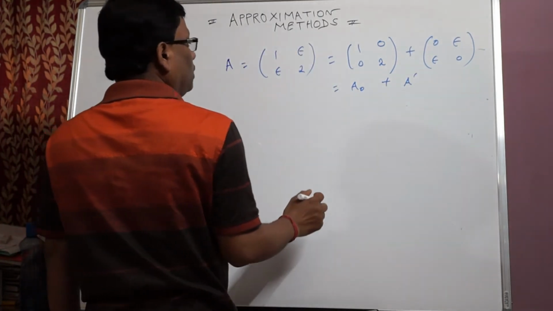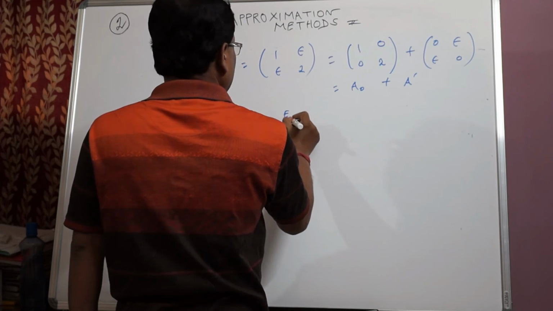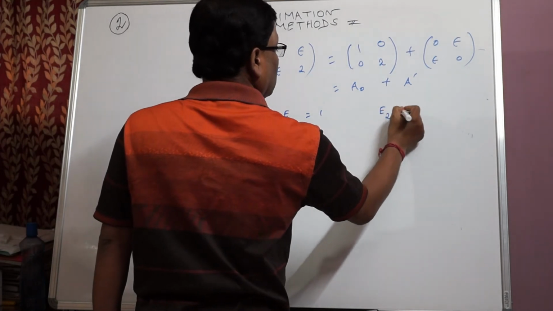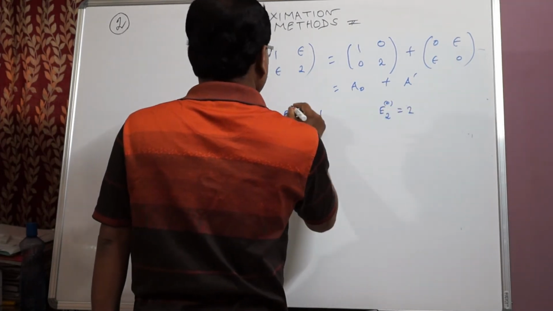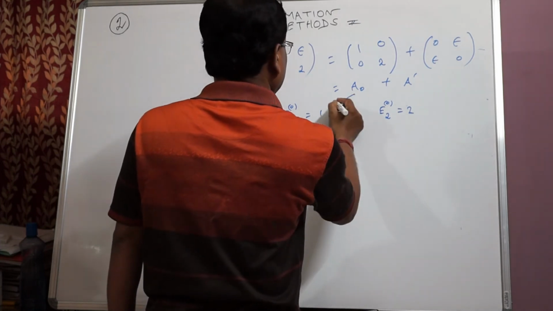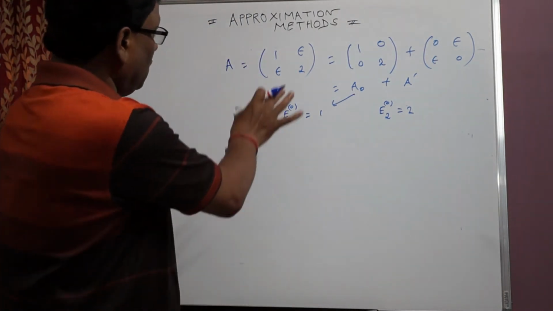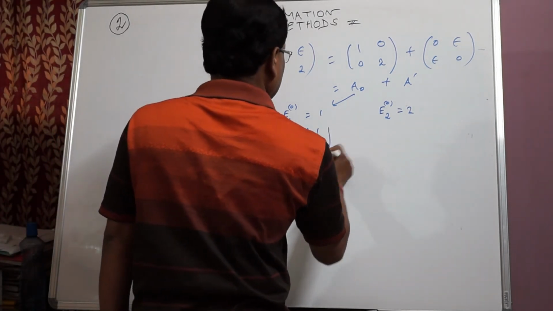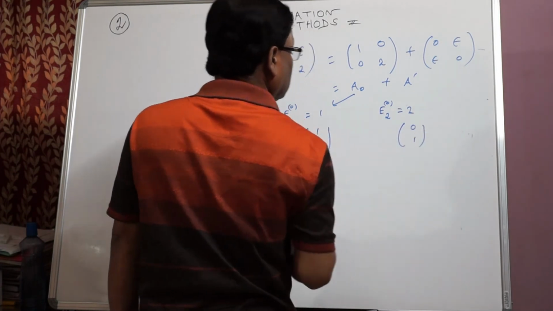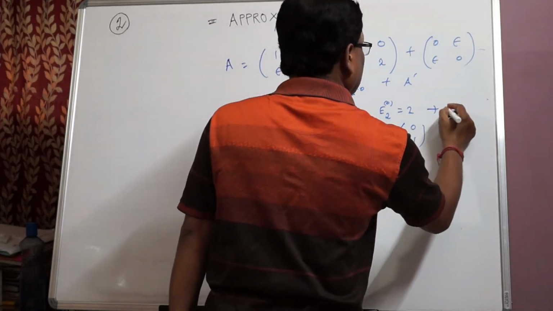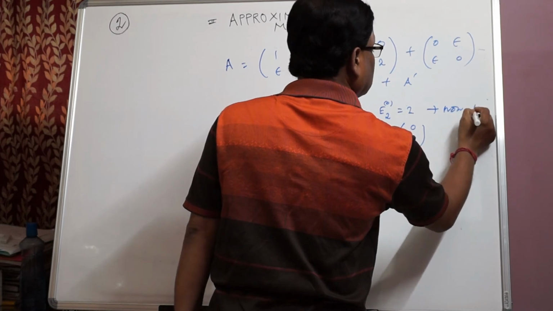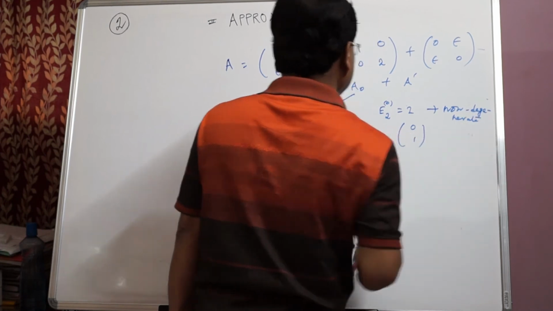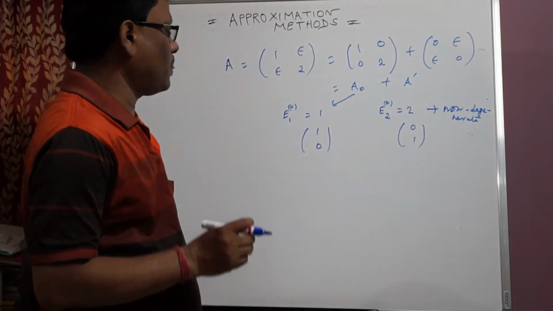A0 has two eigenvalues: E1 is 1 and E2 is 2. These are the eigenvalues of A0, and its eigenfunctions are (1, 0) and (0, 1). So this is a case of non-degenerate states; these eigenvalues are non-degenerate.